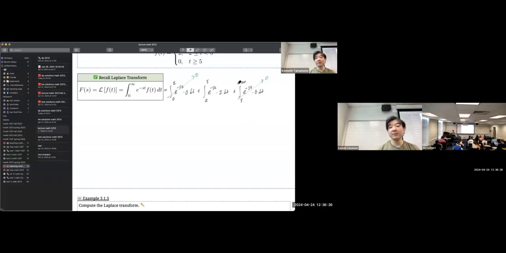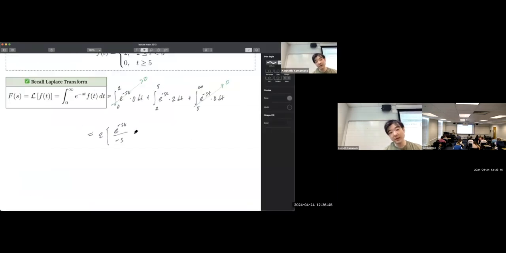So now you're just computing this integral. The 2 can come out, and you take e to the negative st over negative s, evaluated from t equals 2 to t equals 5. This doesn't require any limits.